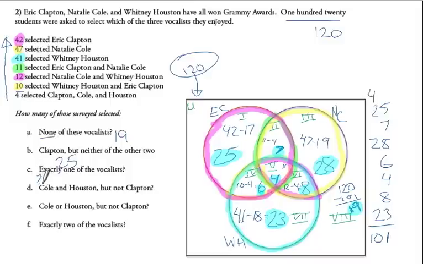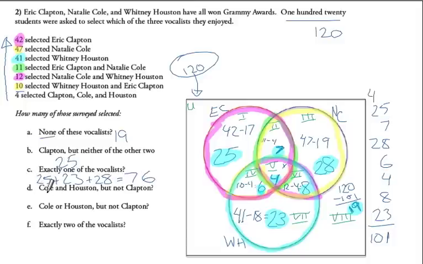Okay, so it's going to be 25 plus 23 plus 28. So what do we get here? Okay, looks like we get 76, exactly 1.